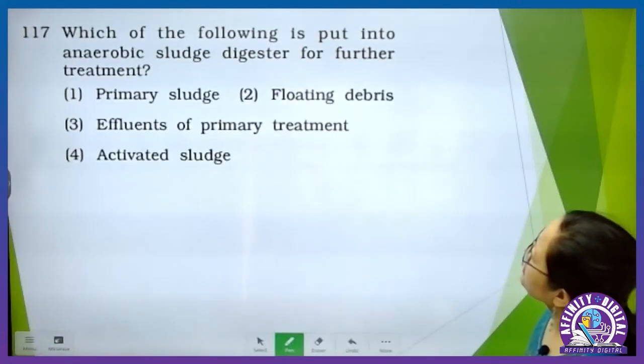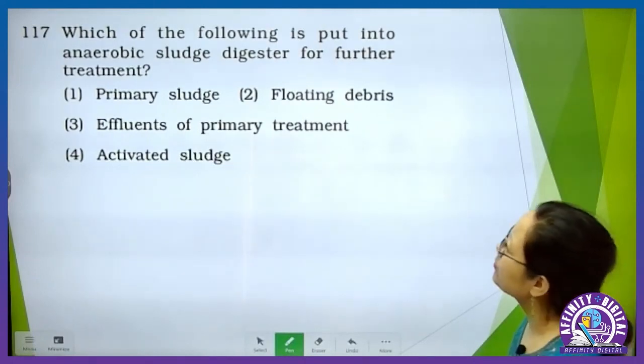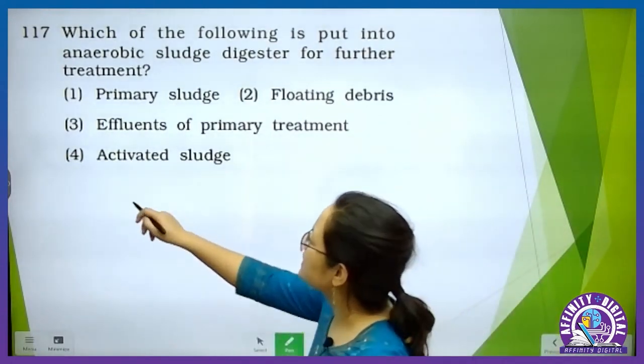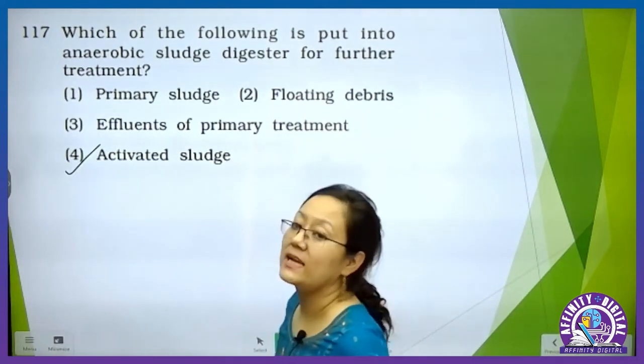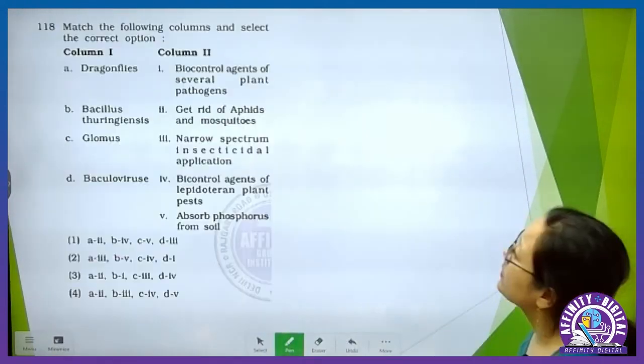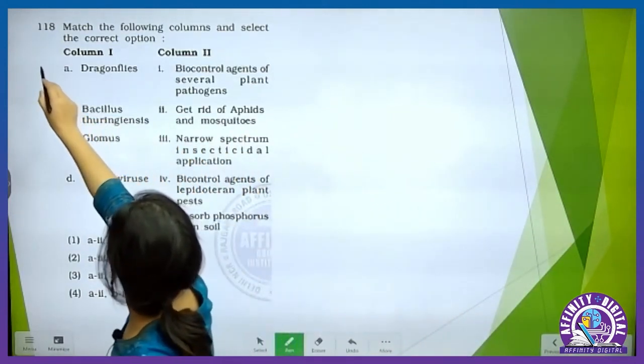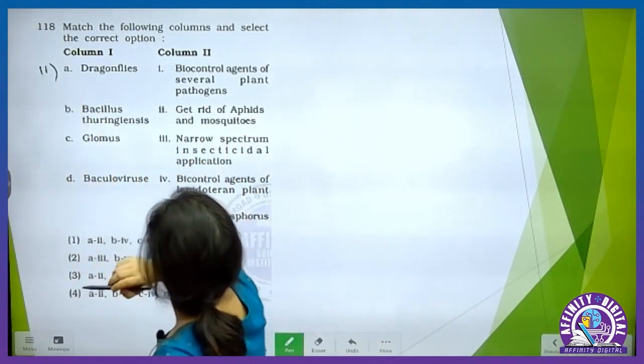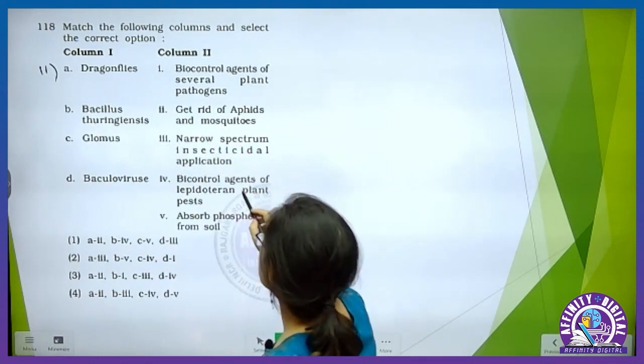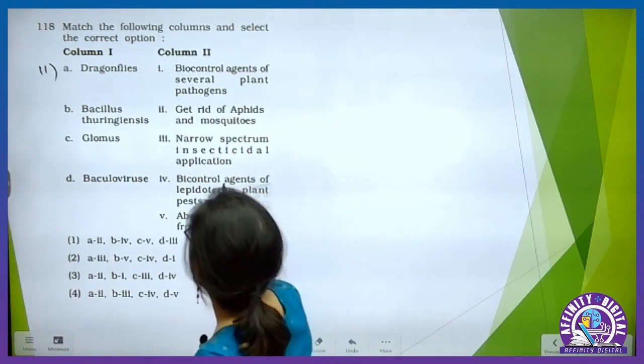Which of the following is put into the anaerobic sludge digester for further treatment? It should be activated sludge. Dragonflies get rid of aphids and mosquitoes, A is 2. Bacillus thuringiensis, this should be 4.